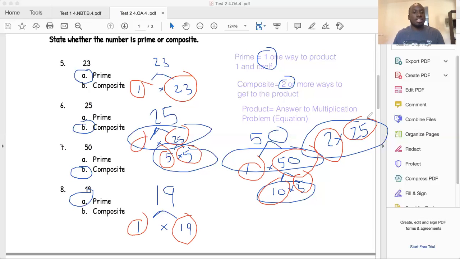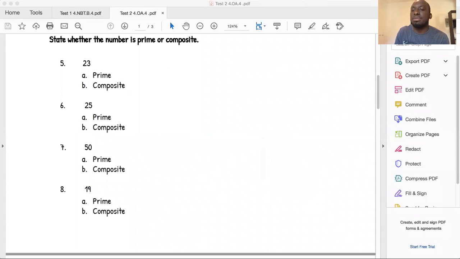So number 5 is A, number 6 is B, number 7 is B, number 8 is A. I'm going to clear my board so we can move on to the next problems. Sorry for these pop-ups that are popping up.